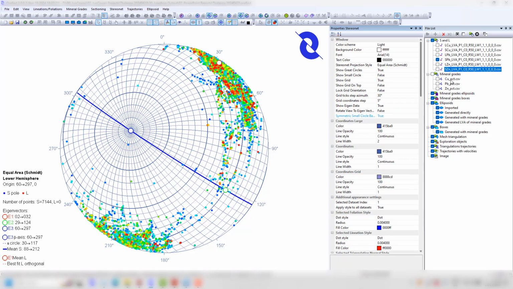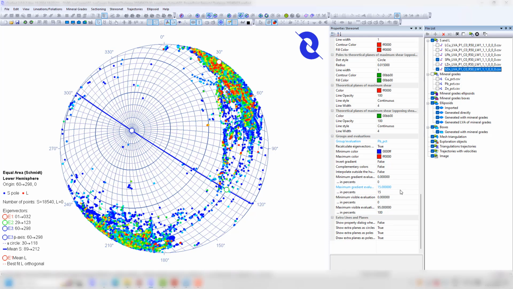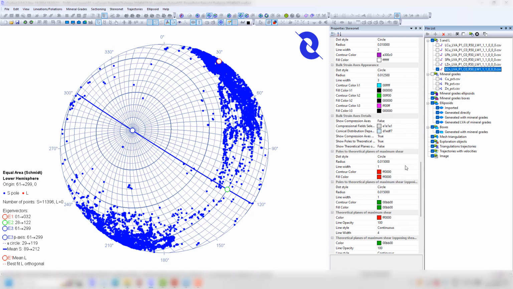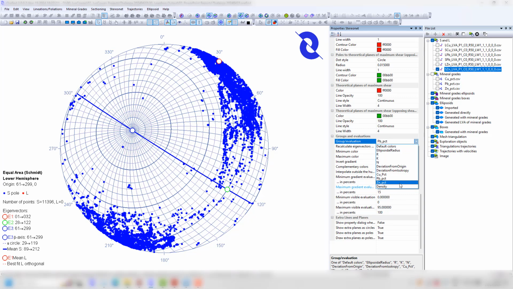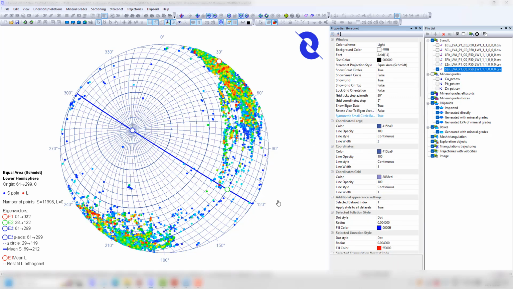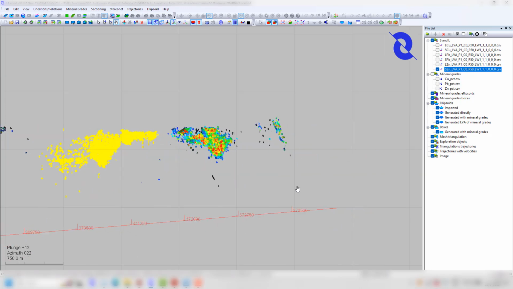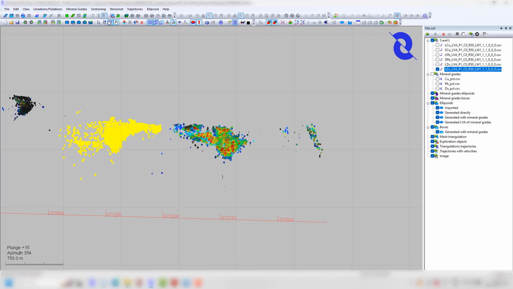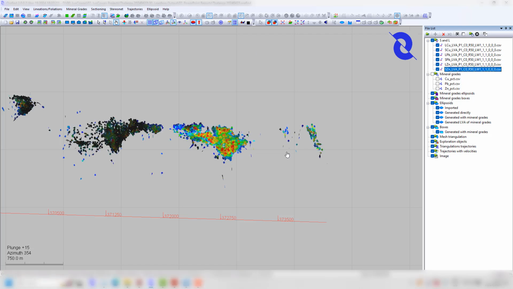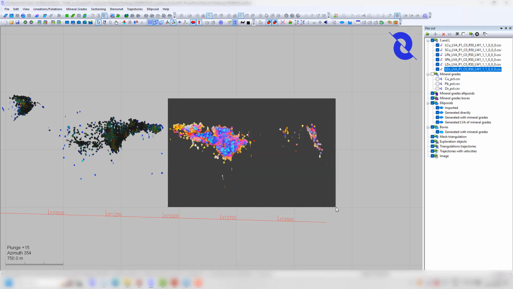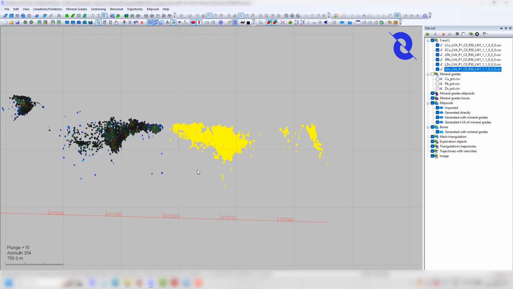That's the lead, and that's the zinc. Same plunge. And over on this side, we have a different set that is plunging the opposite direction.